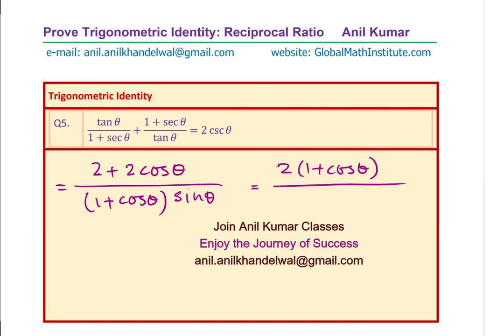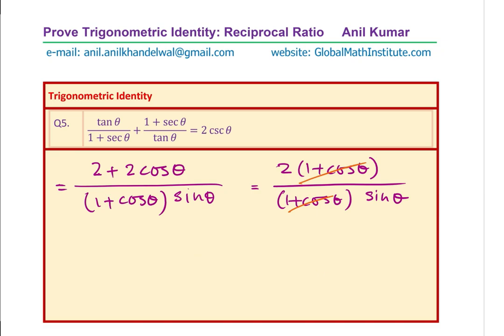And the denominator is 1 plus cos theta times sine theta. Clearly, you can now cancel the factors 1 plus cos theta, giving you the result, which is 2 over sine theta. Now 1 over sine theta is cosecant theta, and therefore I get 2 cosecant theta as my result, which is equal to the right hand side.